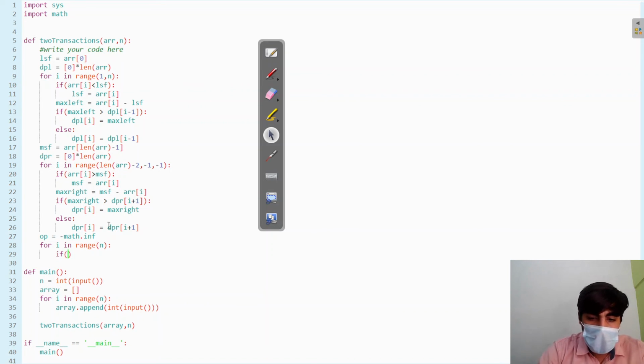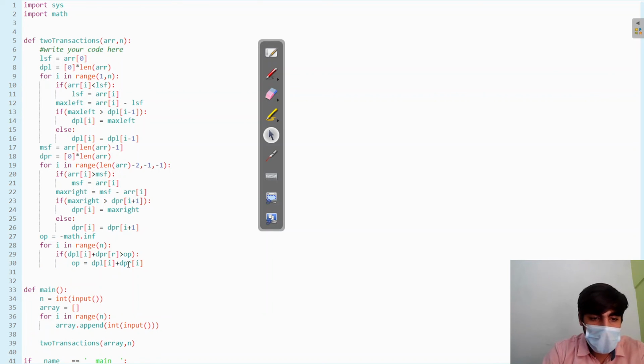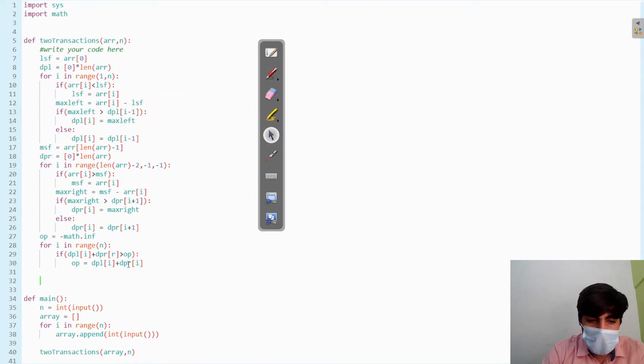If dpl at I plus dpr at I is greater than OP, then OP, original profit, becomes that sum. And the last thing, I am printing the original profit.